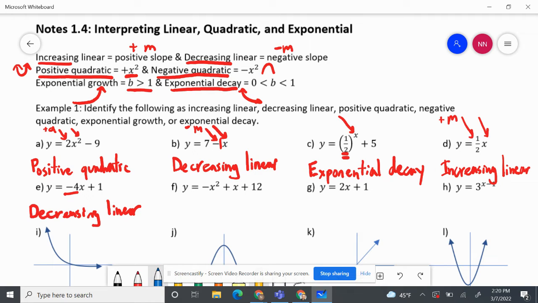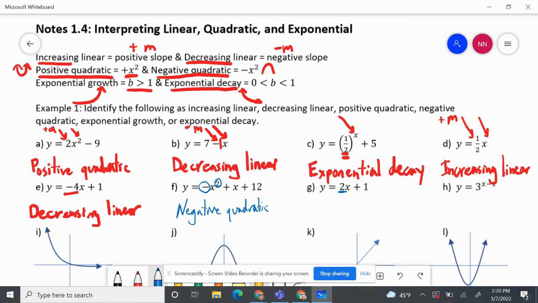For the next one, what we have is an x squared, so we know it's a quadratic. Our a value is negative, so that would be negative quadratic. We have no exponents, so we know it's linear.